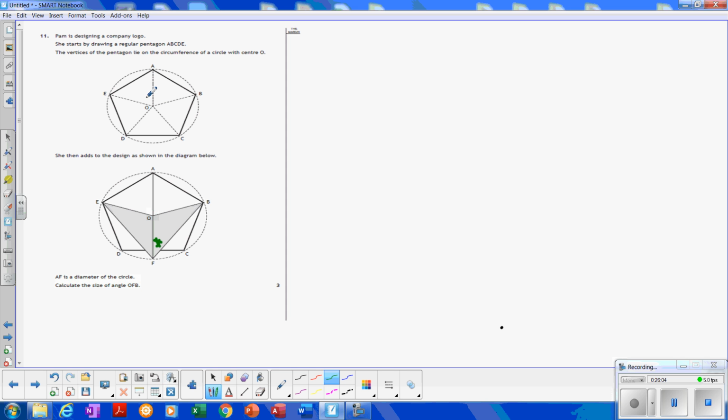Now going right round that full 360 degrees, I've got 1, 2, 3, 4, 5 angles. So I'm going to start off by saying 360 divided by 5, and 360 divided by 5 is 72 degrees. So that tells me that every single one of these wee angles in here is 72.